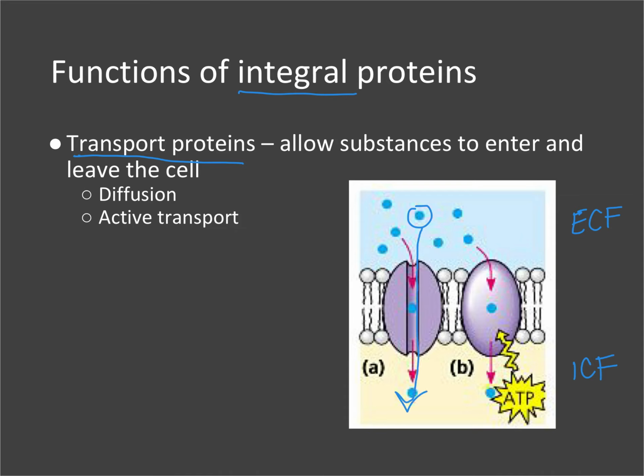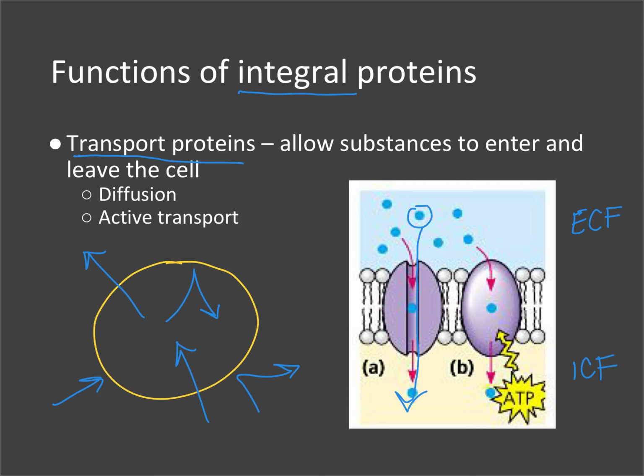So remember we talked about how we've got the cell membrane and how there are certain things that need to be able to cross over and other things that can't cross. And partially this ability to cross the cell membrane has to do with whether a cell has these particular transport proteins. And we're going to talk a little bit more about these processes when we talk about membrane transport. So we're going to talk about how these proteins are involved in things like diffusion and active transport.